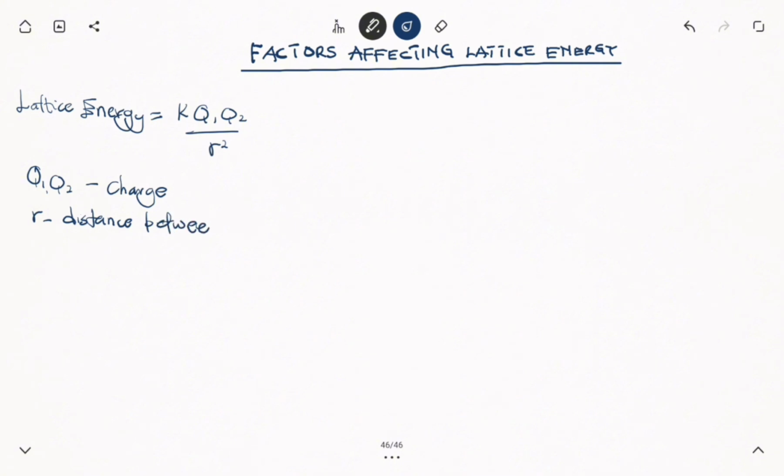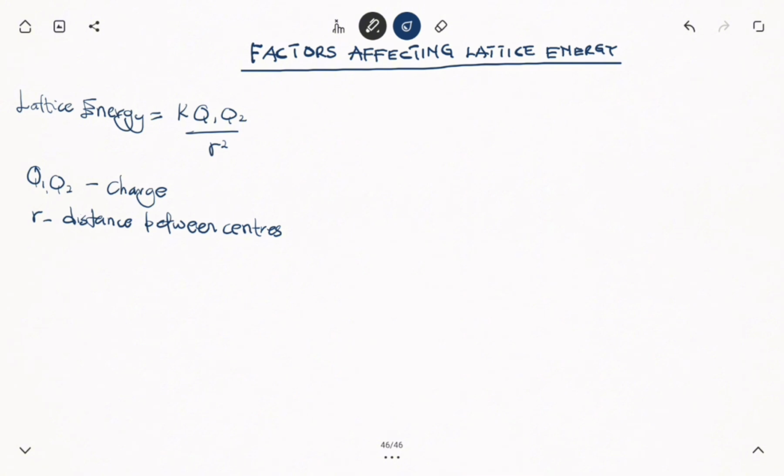Okay, so with this formula we can work out what the lattice energy is for an ionic compound.